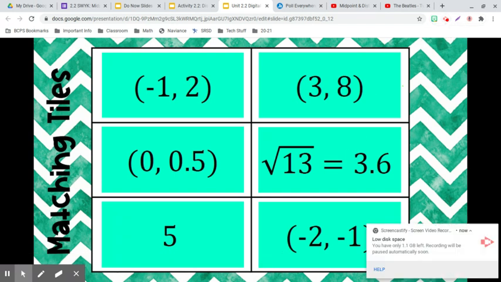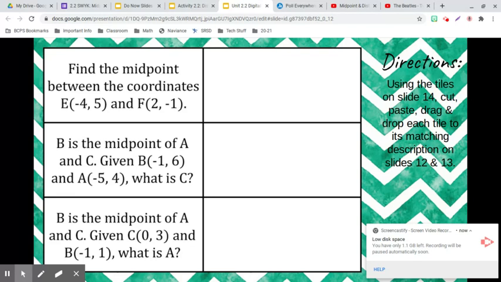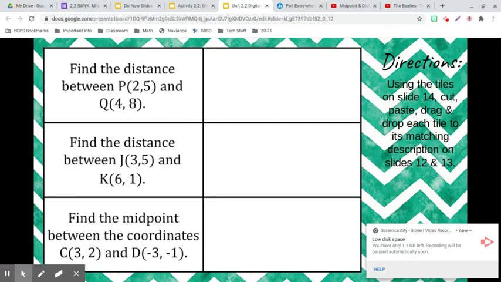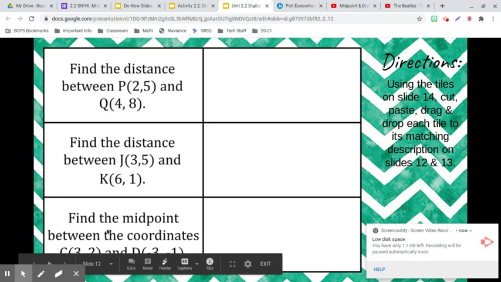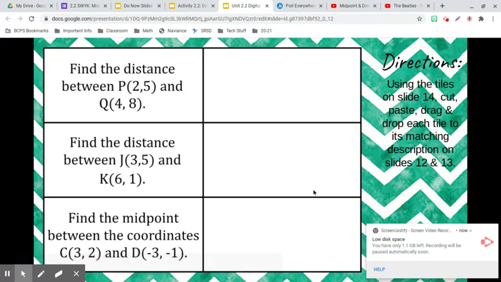So let's go back and we will do a midpoint. We'll do this midpoint right here. It says find the midpoint between the coordinates C and D. Let's draw it out.